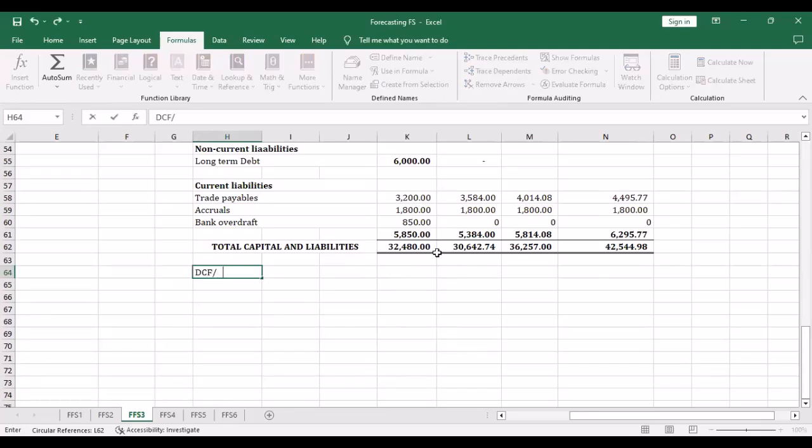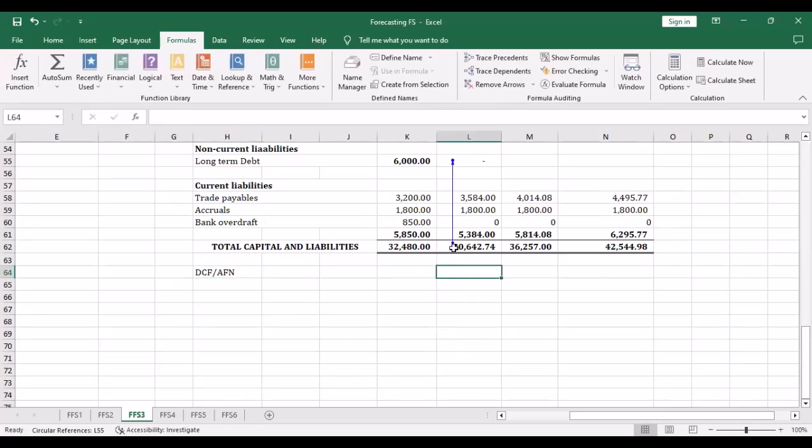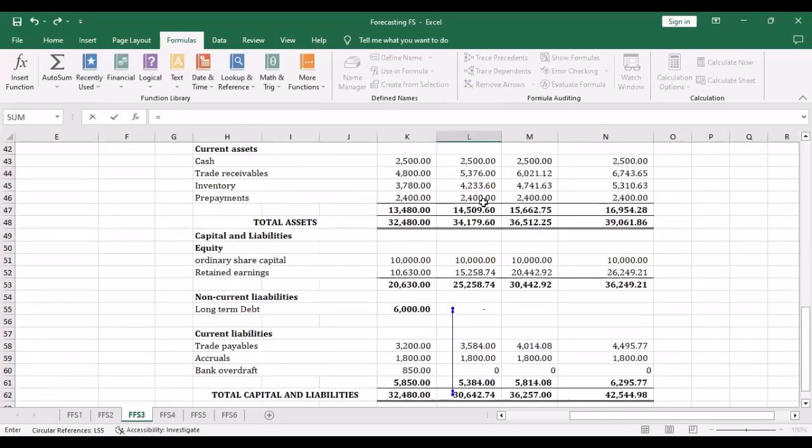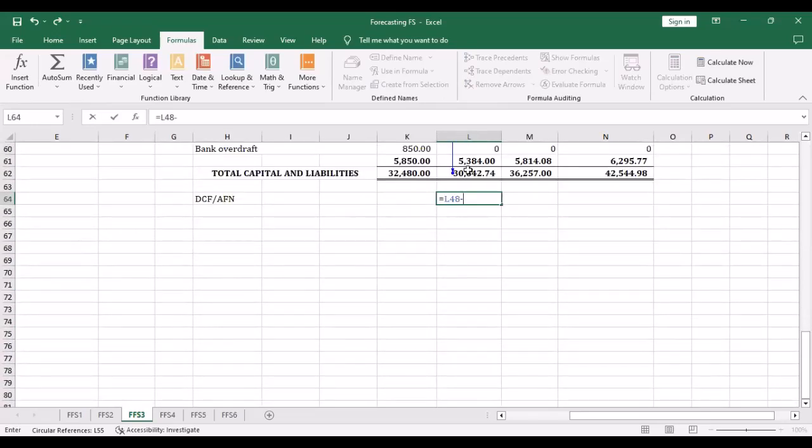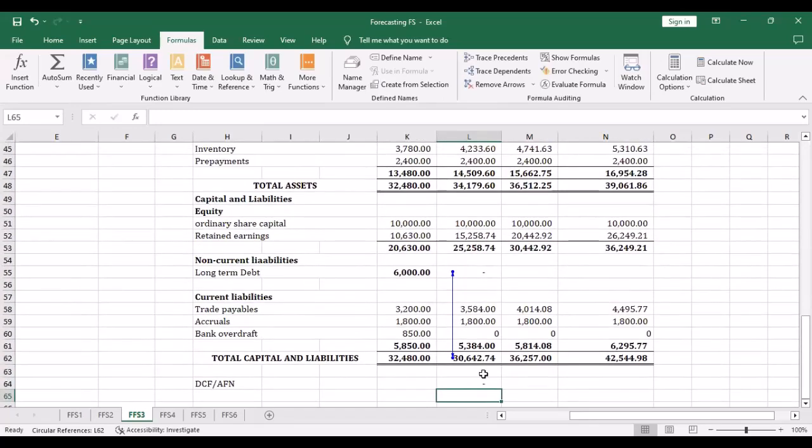Additional funds needed. So it will be equal. So it is the total assets minus total capital and liability. What's happening? I don't know. Equal this one here minus this one.